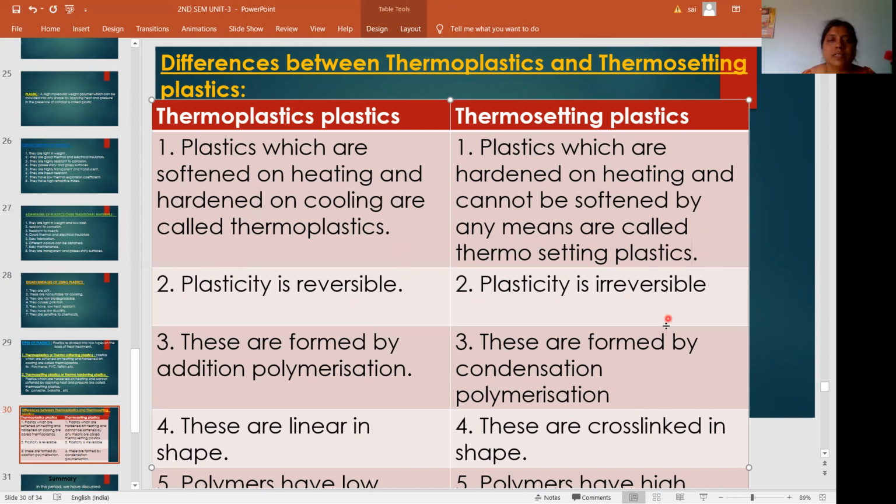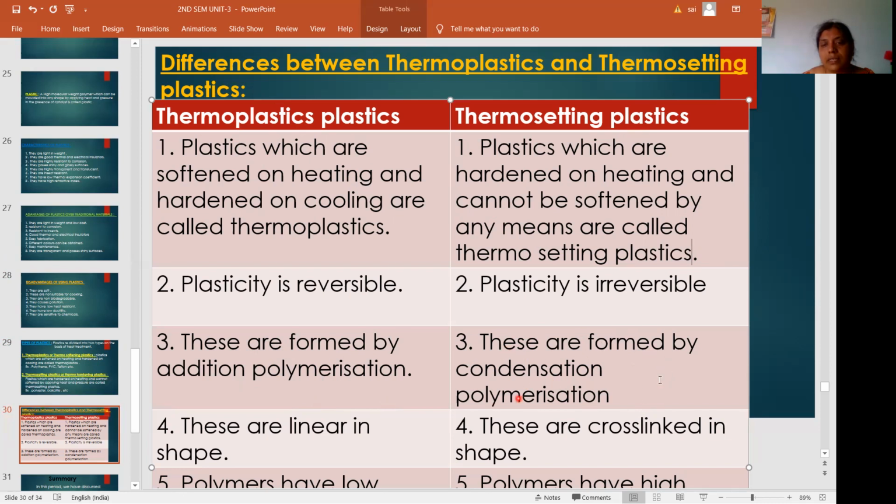So it is irreversible. Next, these plastics are formed by addition polymerization. That means thermoplastics are formed by addition polymerization, and thermosetting plastics are formed by condensation polymerization.